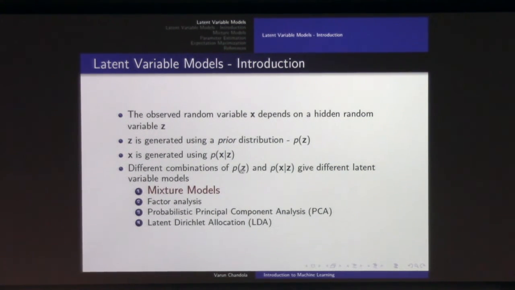If you assume that z is a vector and x is a vector, then it becomes what we call probabilistic principal component analysis, and we'll look at all of these. And if you consider z to be a multinomial distribution, which means that it is a vector instead of just a binary value, then this is also known as latent Dirichlet allocation.